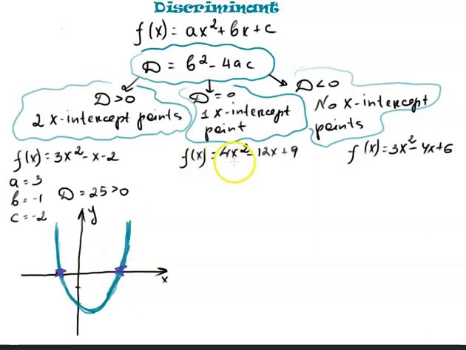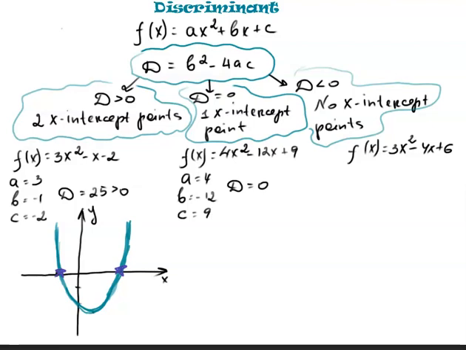f of x equals 4x squared minus 12x plus 9, where a equals 4, b equals -12, c equals 9. And again, in the previous video, we used the coefficients and the formula for the discriminant and came up with the discriminant equal to 0, meaning that your function will have only one point of intersection with the x-axis.